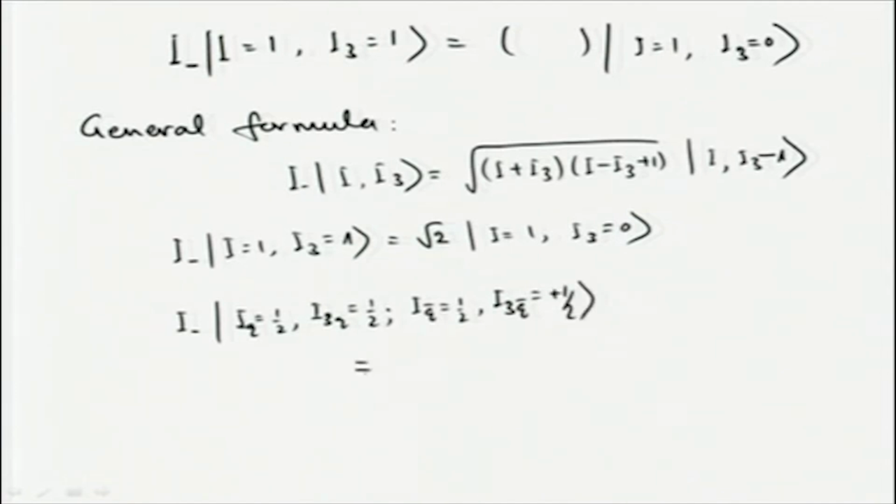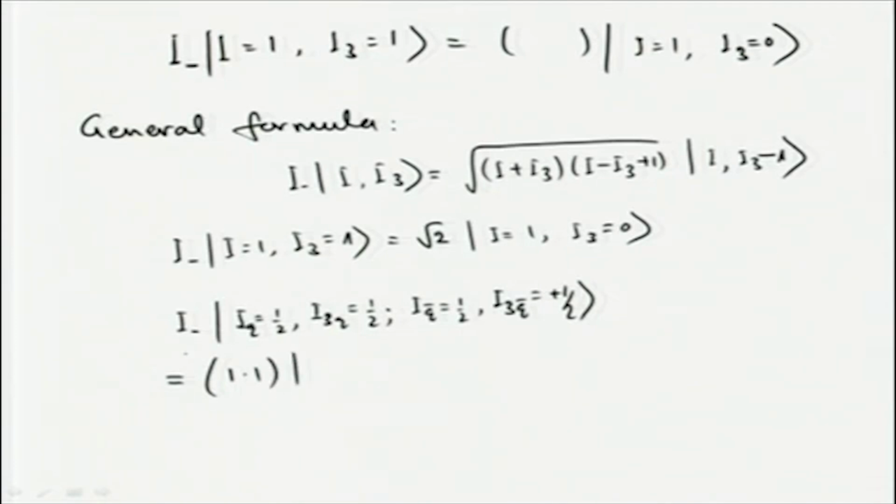As per the formula that we had, this is equal to half plus half, that is equal to 1 into half minus half plus 1. So, that is 1 into 1. So, it is actually 1, that is the coefficient.